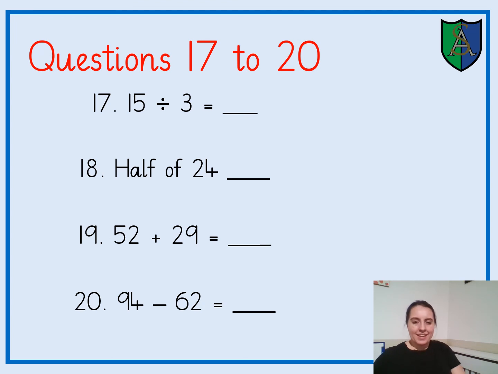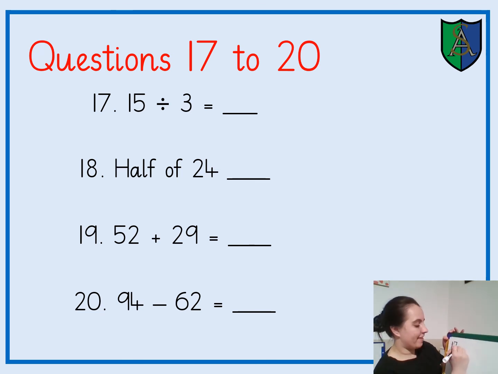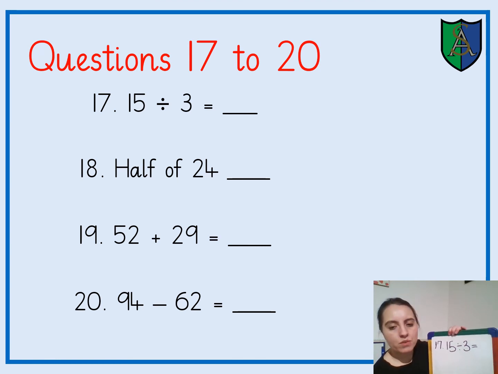Okay, let's have a look at number 17 now. So question number 17 is 15 shared by 3. So this time we've got 15 and we're going to share it between 3 groups.